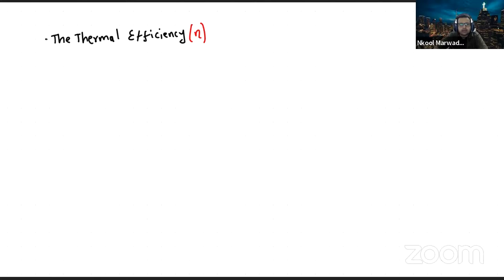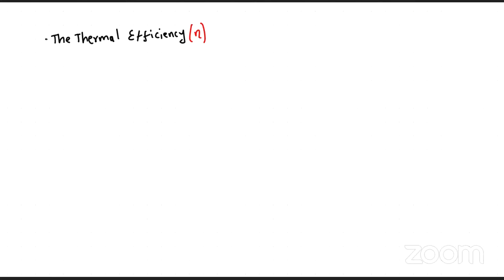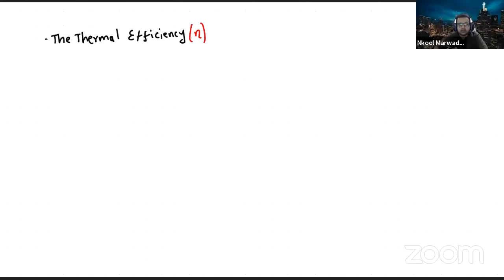So thermal efficiency of a heat engine. And the Carnot cycle is for a heat engine, because a heat engine converts heat into work. So the thermal efficiency of a heat engine. Any heat engine, if I have, how to calculate this efficiency? That is what we are discussing.